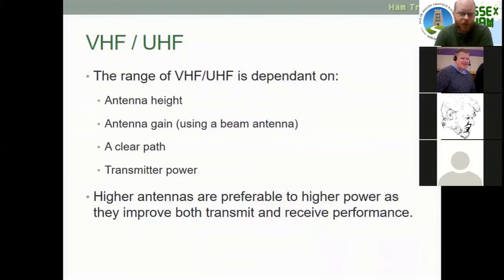Whereas if you've got a monopole antenna, like a 5/8 wave or something like that, you're going to have less gain than a beam antenna. A clear path: if you've got no hills or anything obstructing, you're going to be able to actually get to where you're trying to transmit to. So a clear path is quite useful.